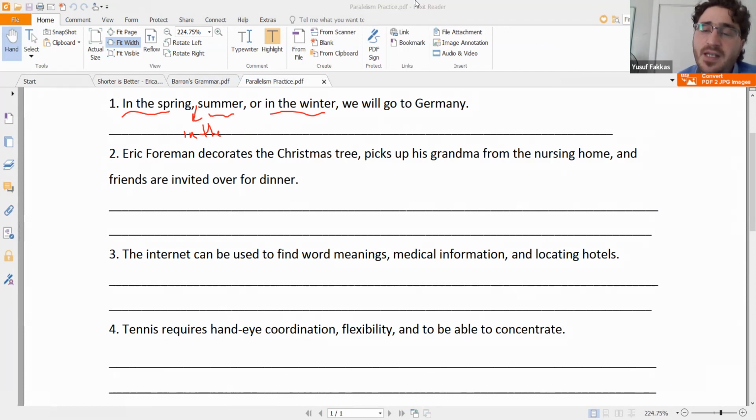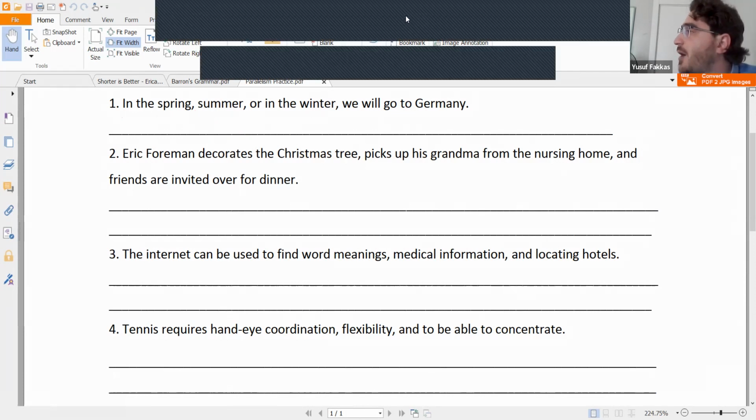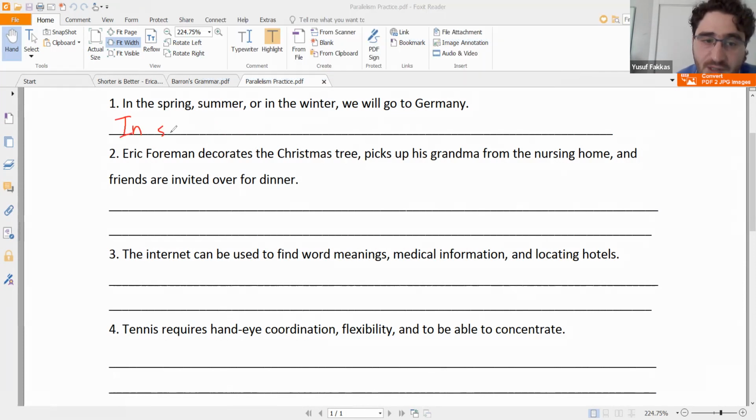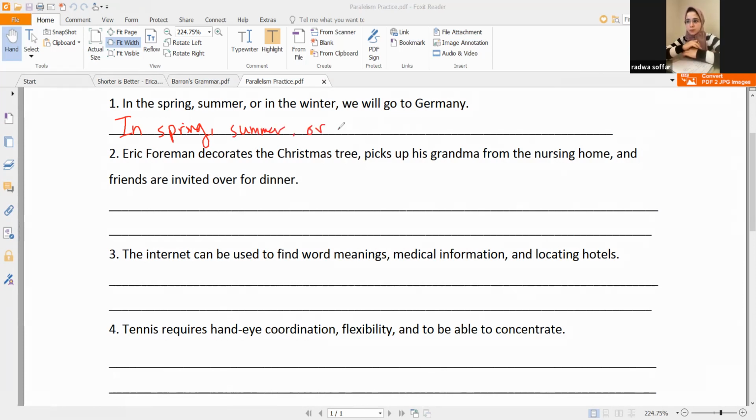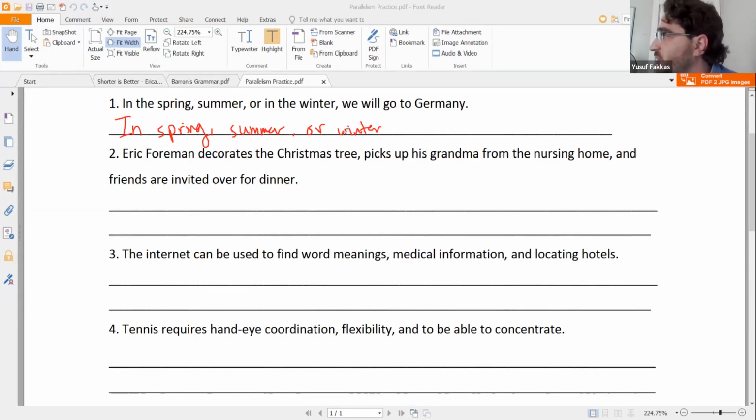But if we want to follow the same rule, shorter is better, how can we fix that? We can just say in spring, summer, or winter. Again, if you said in the spring, in the summer, or in the winter, or in spring, summer, or winter, both are acceptable. But this is shorter and shorter is better.